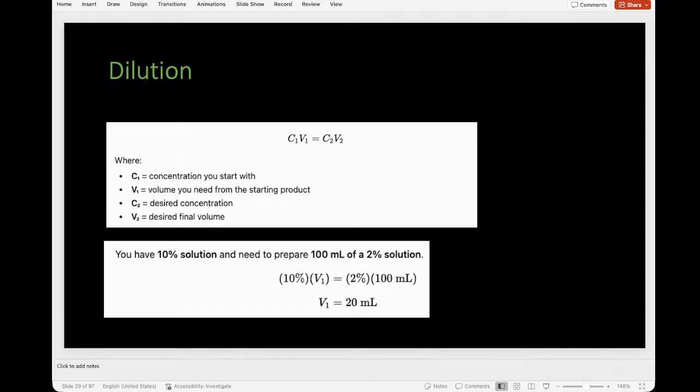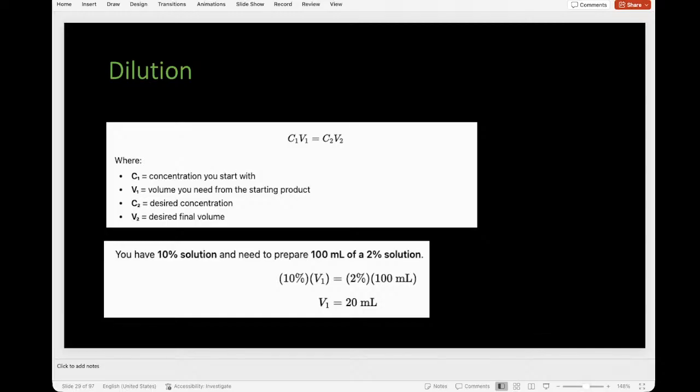You could just put 10 V1 equals 2 times 100 milliliters, and then you would just do the math there, and you'll get the volume as 20 milliliters. So that's how much starting product you would need to prepare the desired concentration, desired volume of that same product.